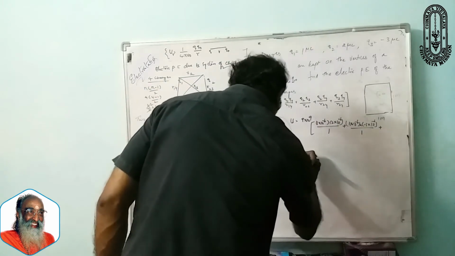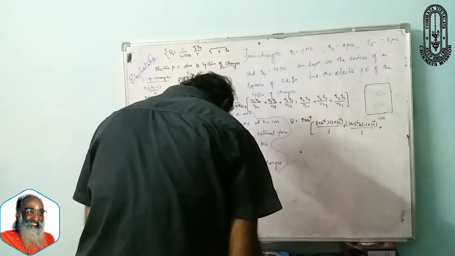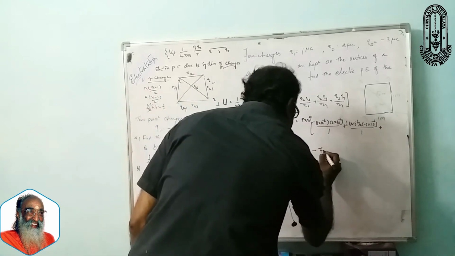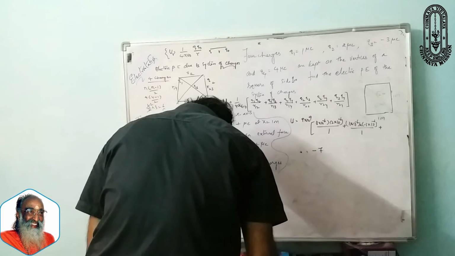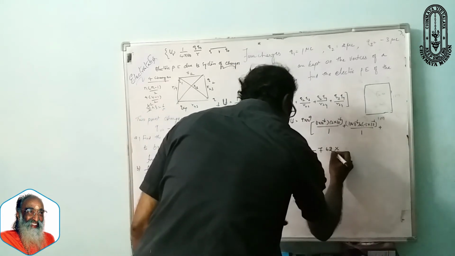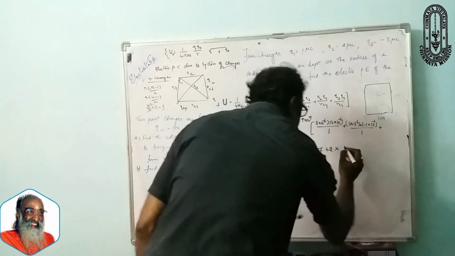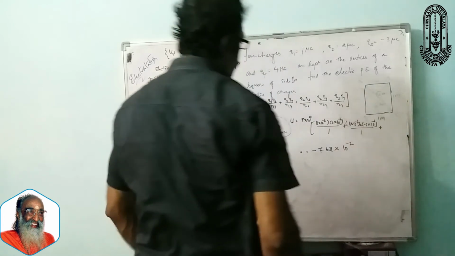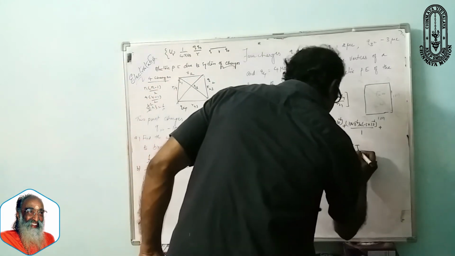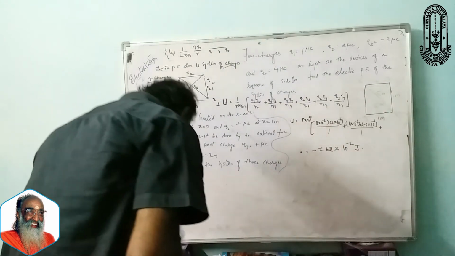After doing the complete calculation, we are going to get the answer as minus 7.62 into 10 to the power of minus 2. Since you have found the potential energy, the unit will be joule.